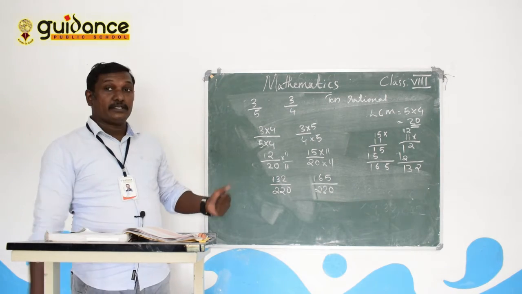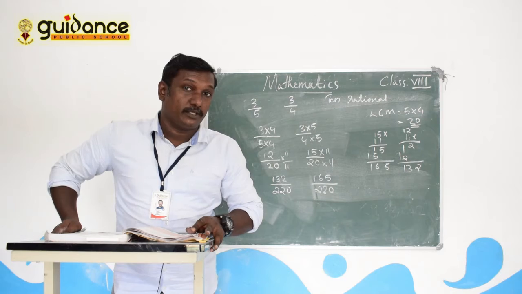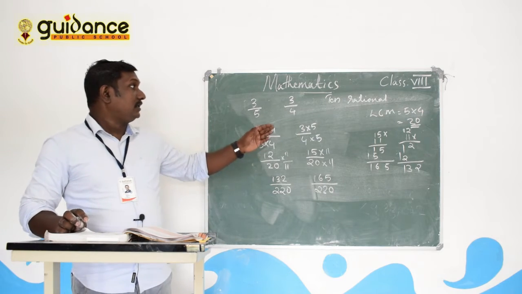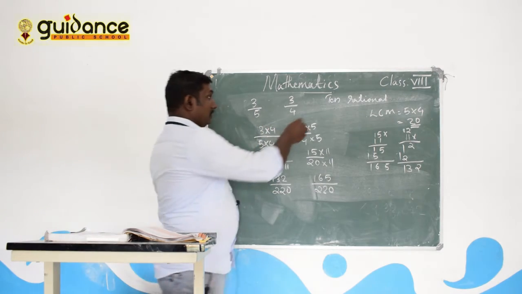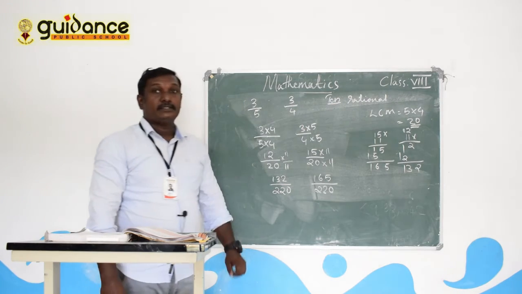So many rational numbers we can write in between them. What is our question? Just find 10 rational numbers.